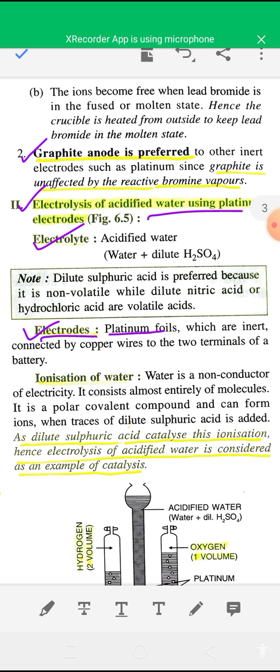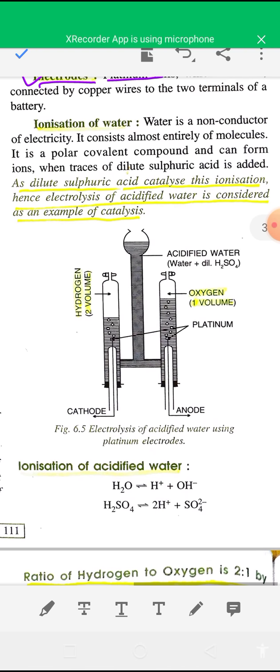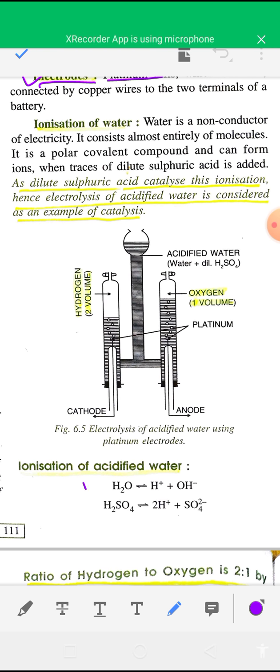So during electrolysis of acidified water, water ionizes to form H+ and OH- ions. Similarly, H2SO4 ionizes to form H+ and SO4 2- ions. As dilute sulfuric acid catalyzes this ionization, electrolysis of acidified water is considered an example of catalysis.